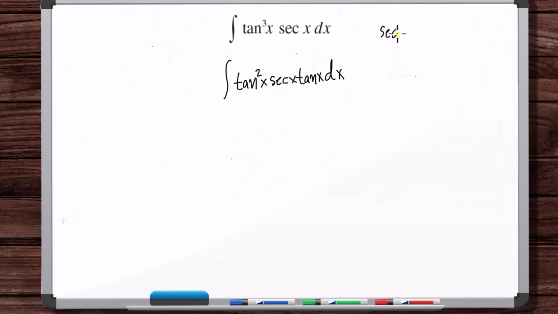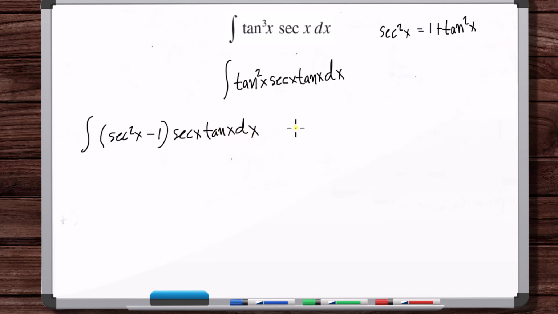The trig identity is secant squared x is 1 plus tangent squared x. So we get secant squared x minus 1, secant x tangent x dx. There we go. So u is equal to secant x, du is equal to secant x tangent x dx.